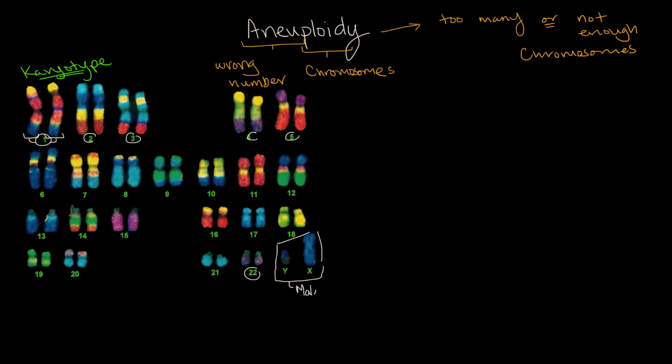You can see that the Y chromosome is quite a bit smaller than the X chromosome, so this would be a male. Okay, so coming back to aneuploidies, the most common type of aneuploidy is known as a trisomy. And tri means 3. So this is 3 chromosomes when you should only have 2 in a pair.